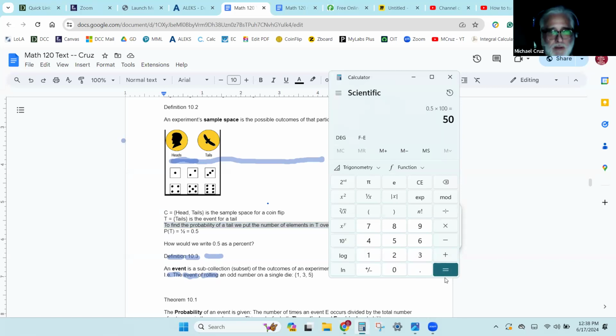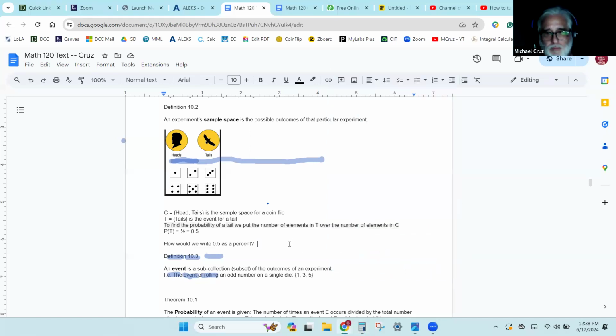So 50%. 50% is 1 over 2, or 0.5. 3 different ways to write that same number. A simplified fraction, 1 over 2. 1 divided by 2 gives us 0.5. Or we multiply 0.5 times 100, and that gives us 50%.